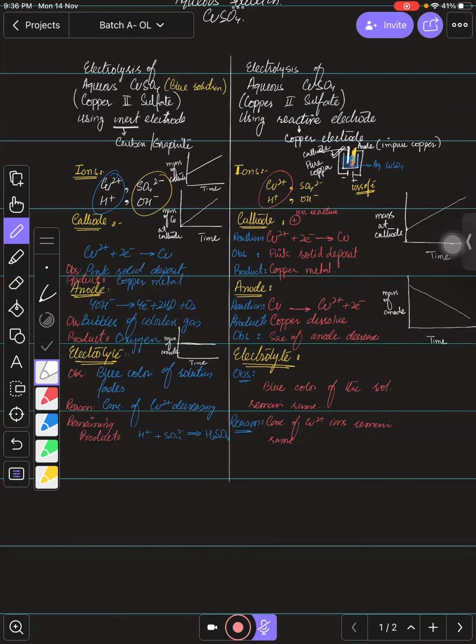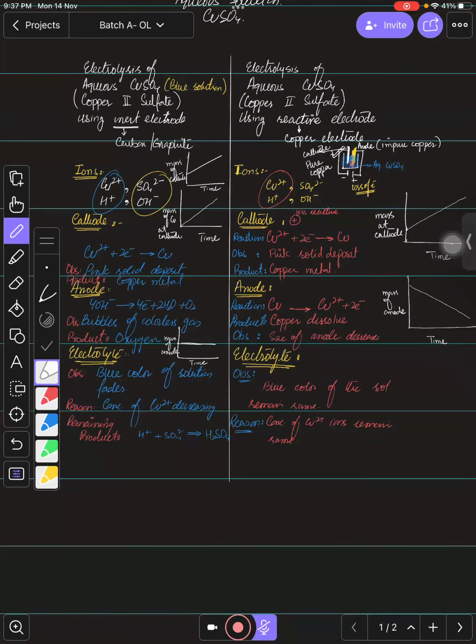The graphite one. Yes. When you talk about the electrolysis of copper sulfate using inert electrodes, the inert electrodes are made of graphite. If you draw the graph of time versus mass of cathode, the mass of cathode is the sum of graphite plus copper. If you are depositing copper, the mass of cathode increases, and initially you just have the mass of graphite, so it will not start from zero.